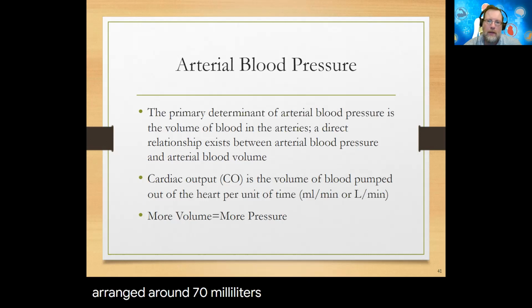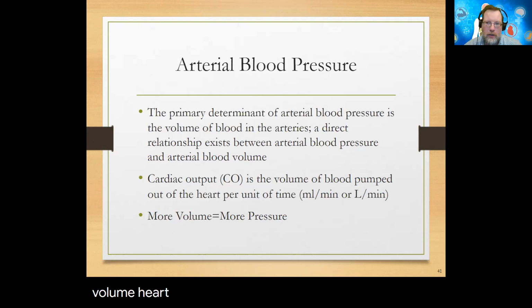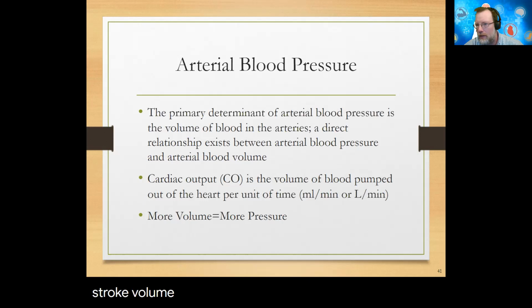Okay, so cardiac output: how much blood gets pumped out in 1 minute? That can be determined simply by multiplying heart rate times stroke volume. Heart rate generally is around 70 beats per minute. Stroke volume is around 70 milliliters.